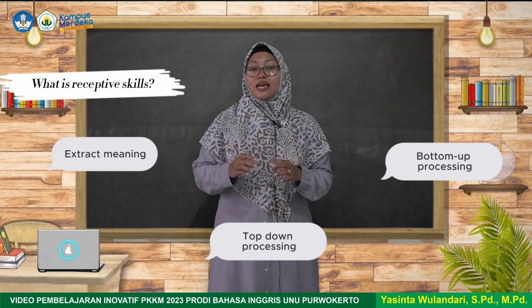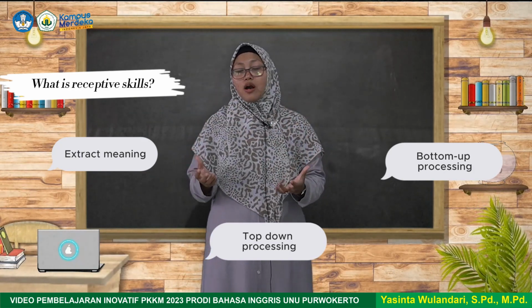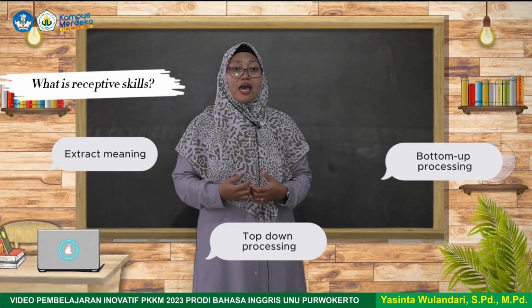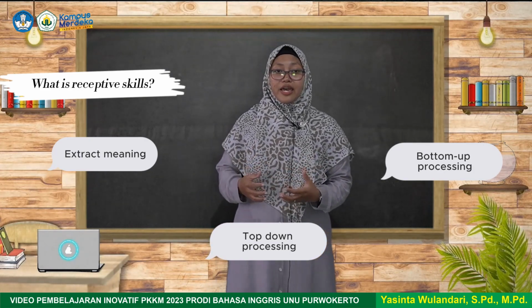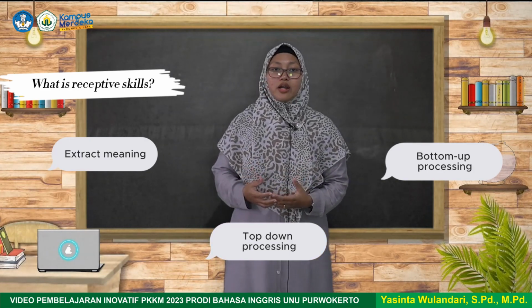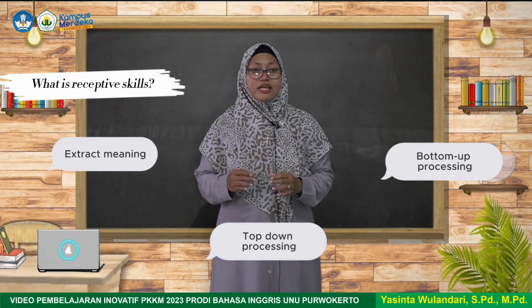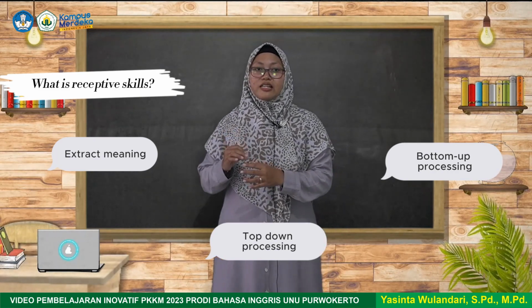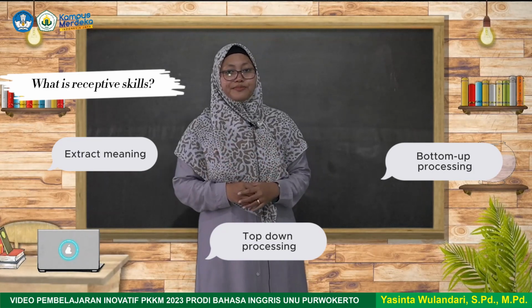It means you look from the top to get the general view of a text, both from listening or reading activity. But in bottom-up processing, on the other hand, the reader or listener focuses on individual words and phrases and achieves understanding by stringing these detailed elements together to build up a whole concept.